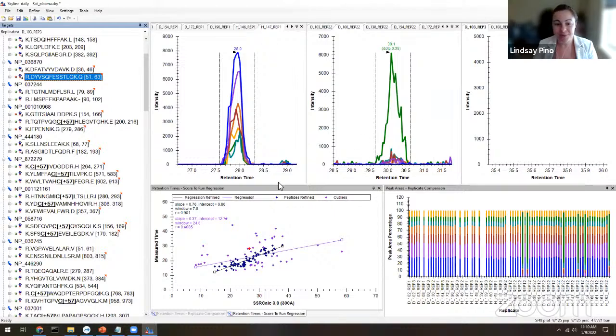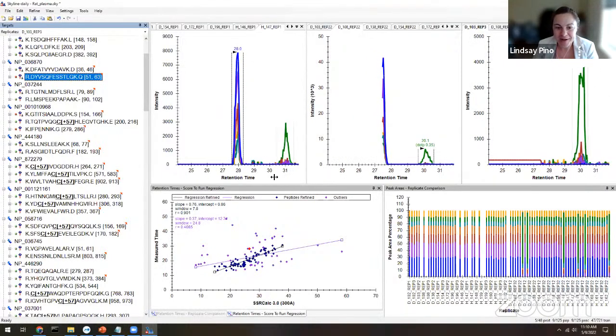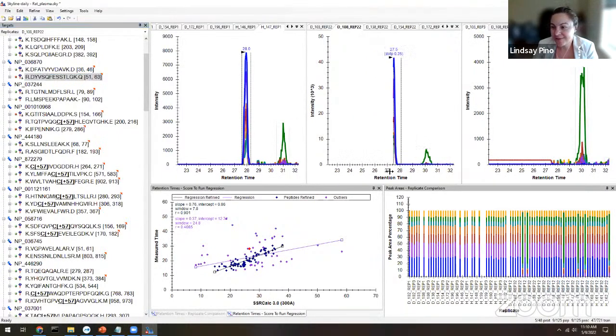For example, this mispicked peak right here on peptide DYVSQ. It's clear in this file that the right peak was not selected. It's another one of these truncated.